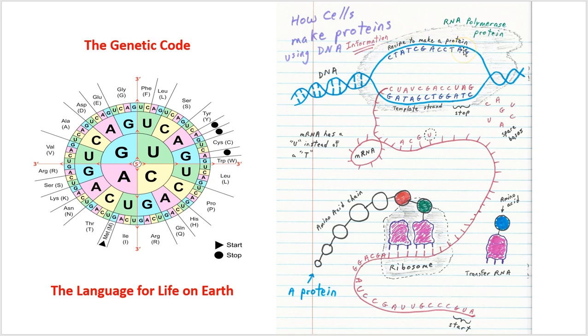There is an end to the recipe, and that is reflected in the final triplet in the messenger RNA, a stop triplet. There are 3 stop triplets, so each recipe for a protein has a stop triplet at the end, and that instructs the ribosome that the recipe is completed, and it detaches from the messenger RNA, and then the protein goes and folds up and then starts performing its job.